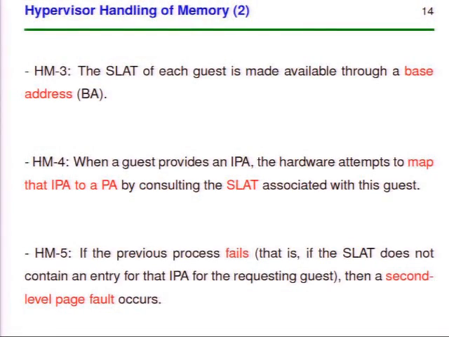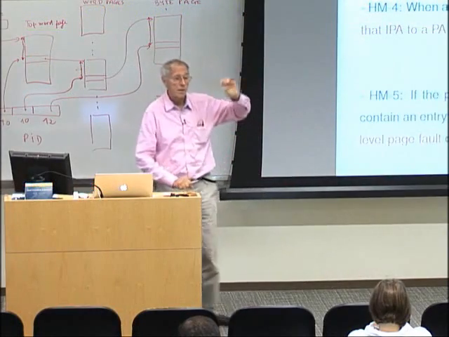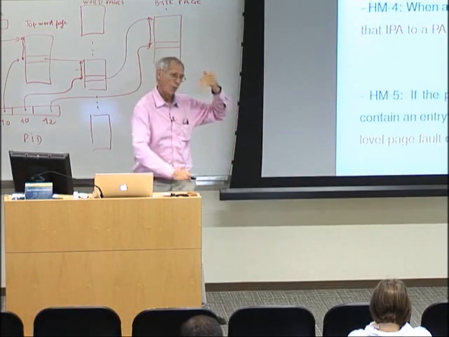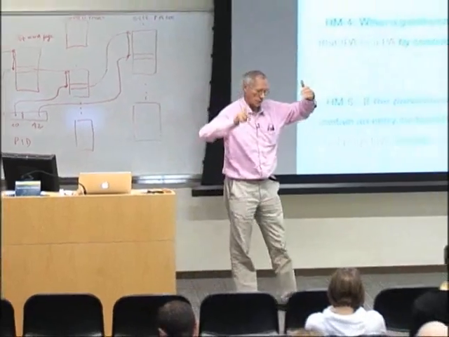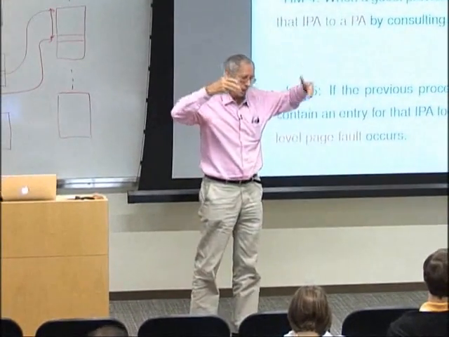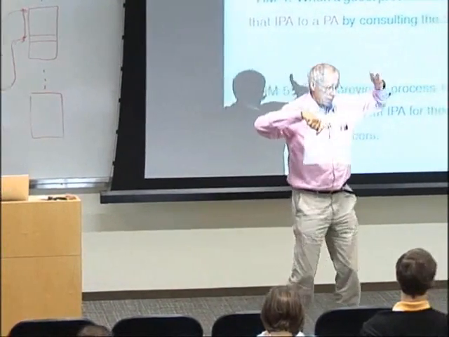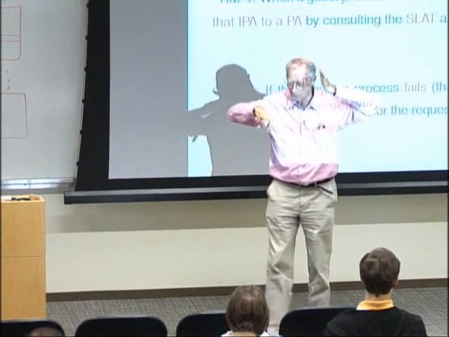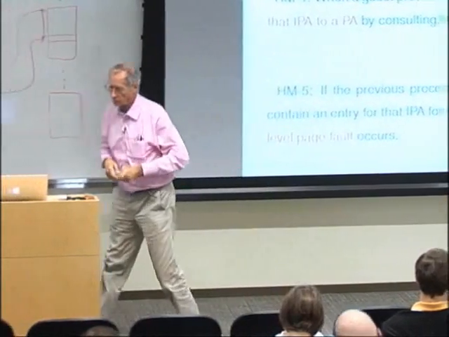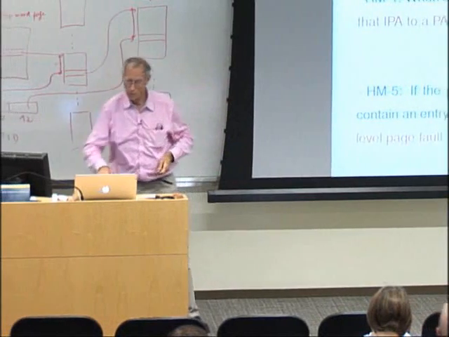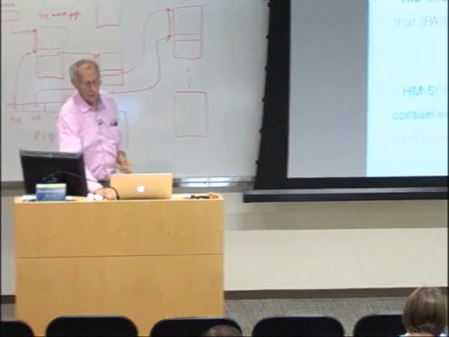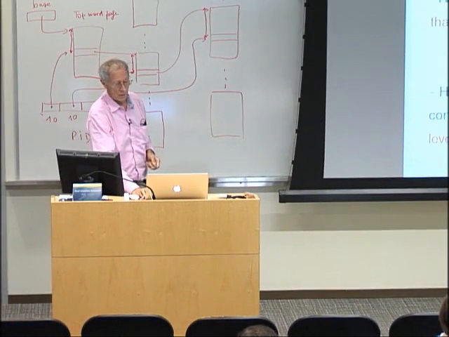The SLAT itself for each guest is addressed by means of a base address. So there is a SLAT for each guest, and for each guest there is a base, which is the beginning of the address of the SLAT table. And I will describe more about the SLAT here.